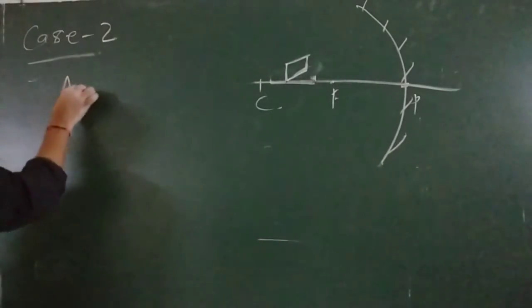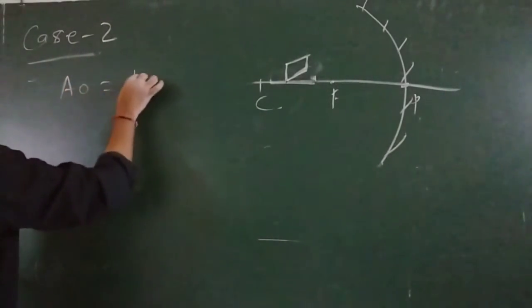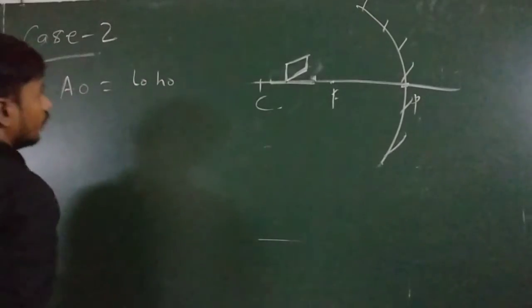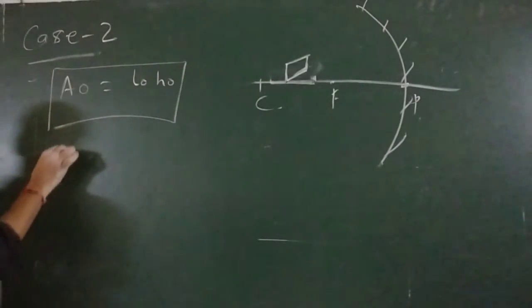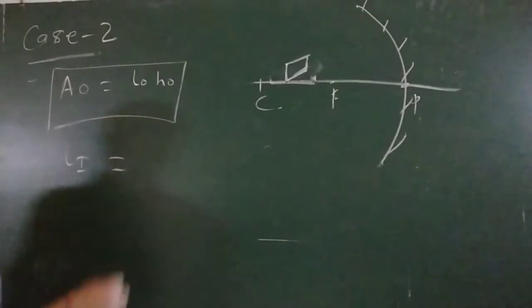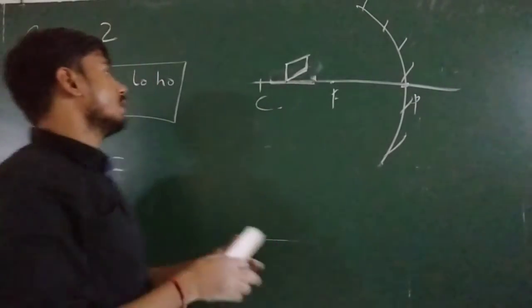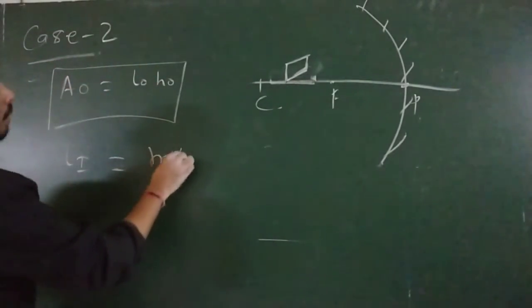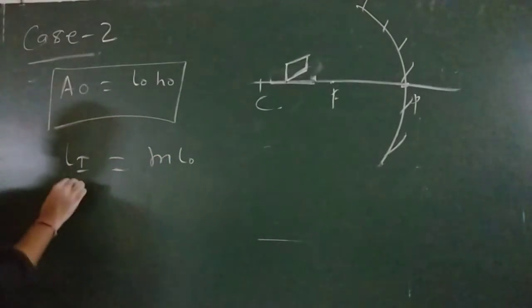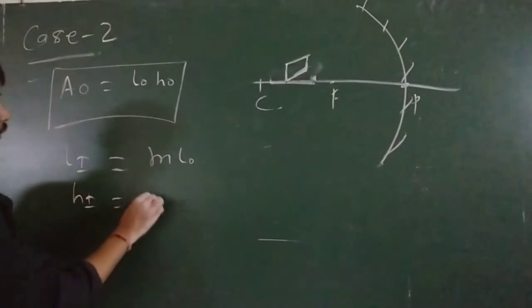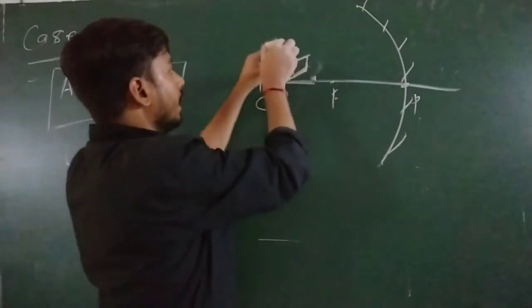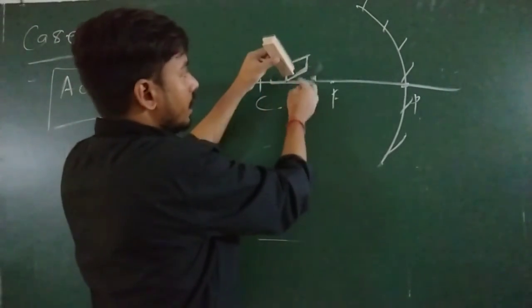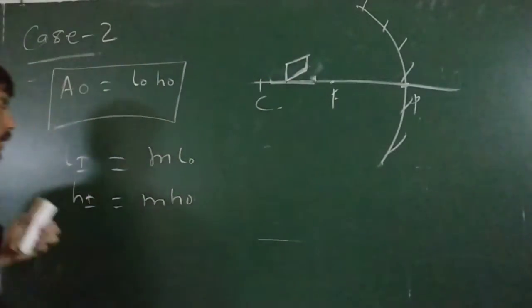So I am writing here, area of object is equal to length of object into height of object. Because we are getting lateral magnification, length of image becomes m times length of object. Height of image is equal to m times height of object. Both are lateral.